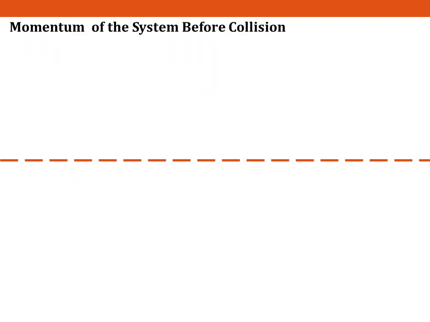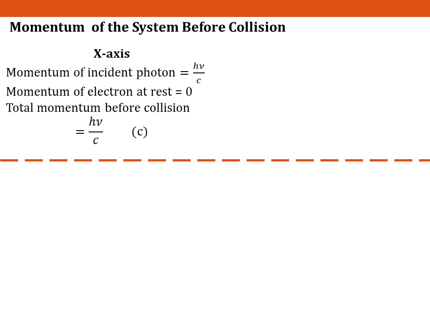We now write in the form of statements the momentum of the various particles which are involved in the collision process and assign equation numbers to them. Firstly, we start with the momentum of the system before collision. Along the x direction, we have the incident photon and the electron at rest in movement. Therefore, the momentum of the incident photon is h nu by c and the momentum of the electron at rest is 0.